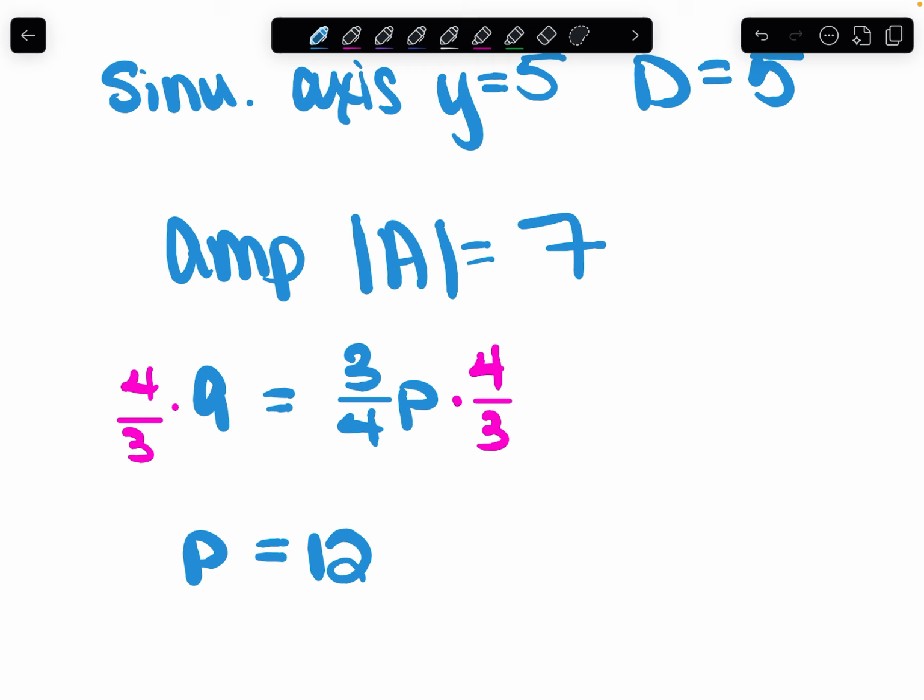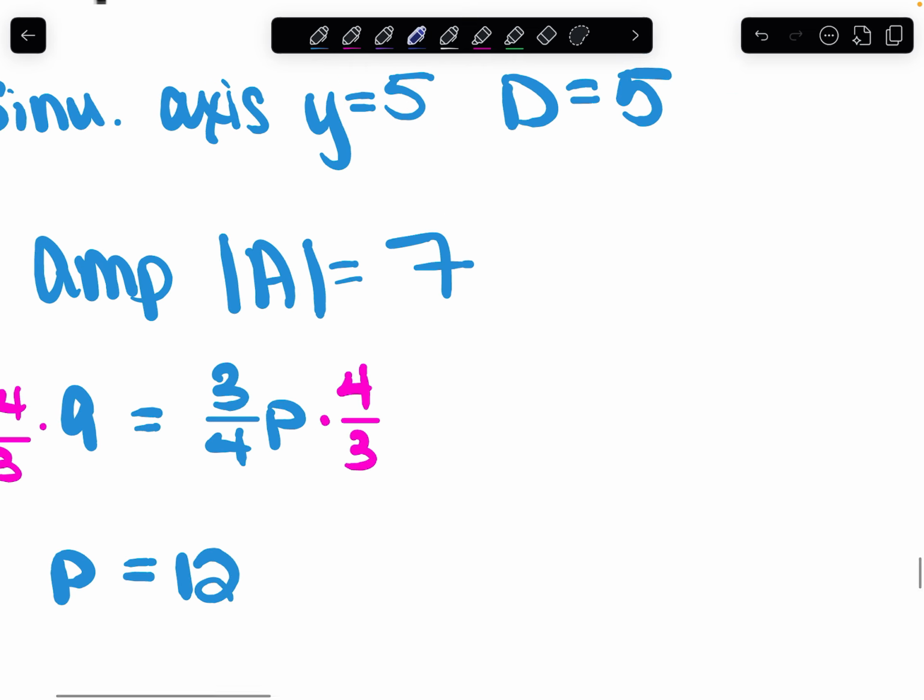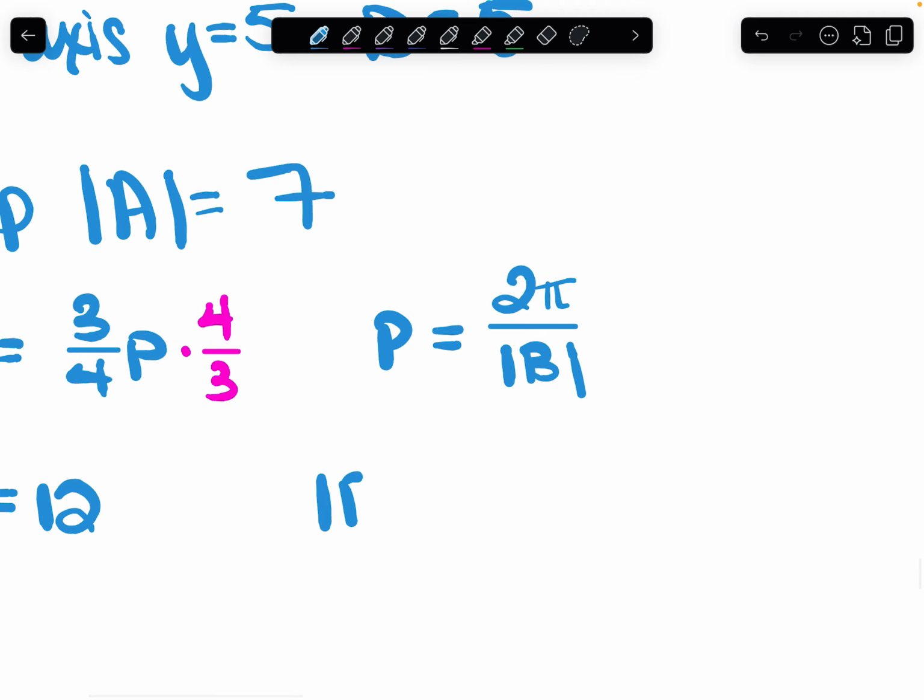Now that we know the period, we can use the relationship with B to figure that out. So the formula we've been using is the period is 2 pi over the absolute value of B. But if we resolve this for B, because that's what we're missing, we know P, I get the absolute value of B is 2 pi over P. They just swap places.